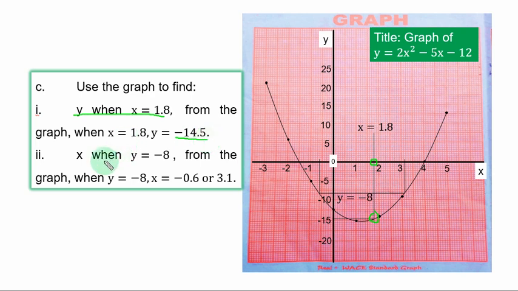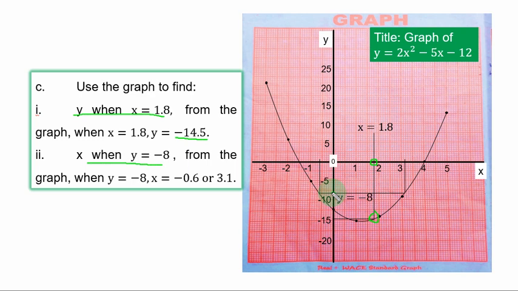Now find s when y is minus 8. After minus 5, the next 2 lines is minus 6, the next 2 lines minus 7, the next 2 lines minus 8. That is somewhere here. You observe that if you trace this line to your left and right, it will touch the curve.